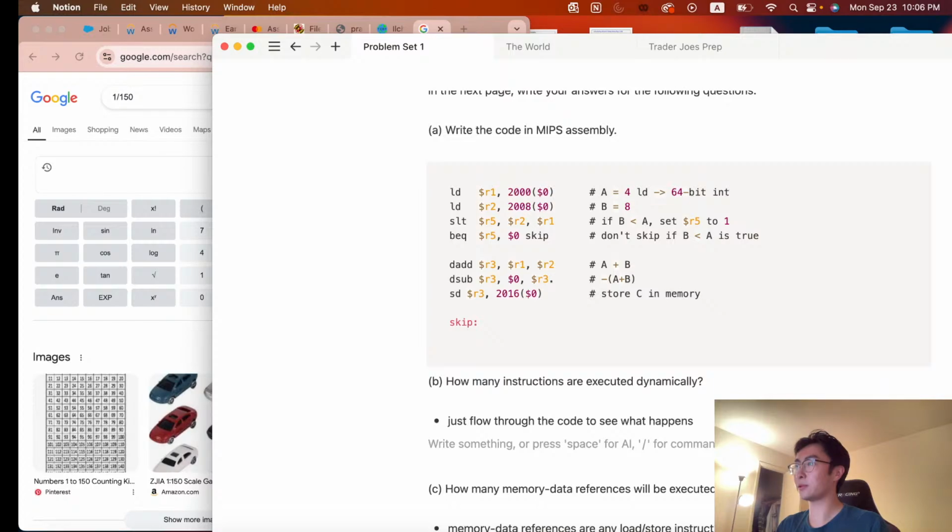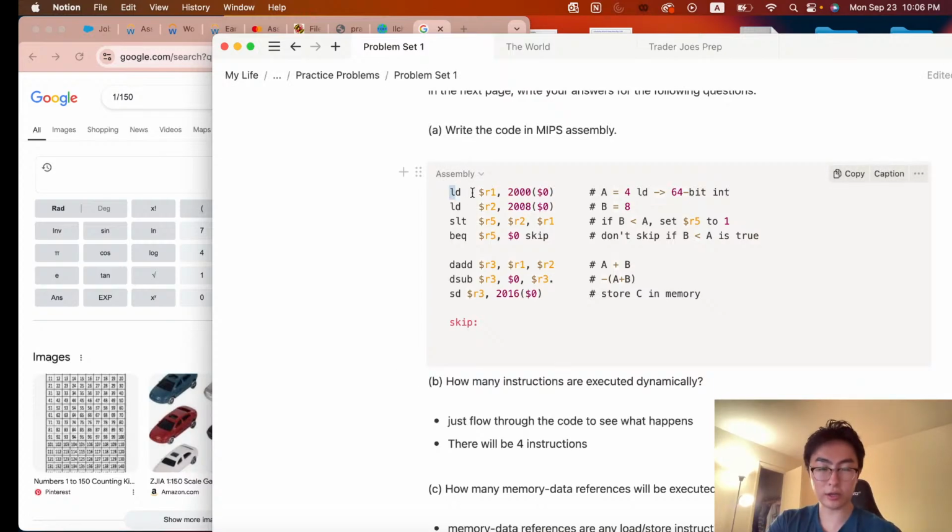Okay, so I think from this problem, there will be 4 instructions because these two are guaranteed to run. We always load in A, we always load in B. Also this, so at least 3 are guaranteed.